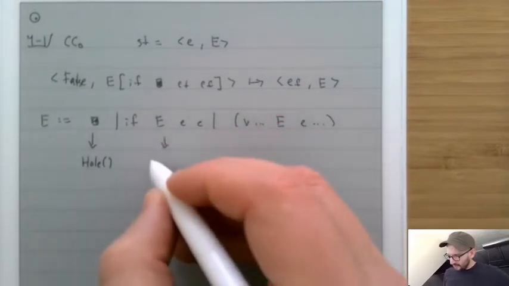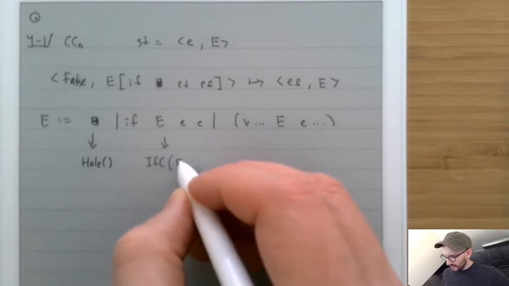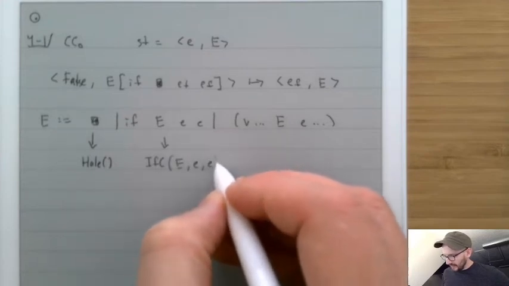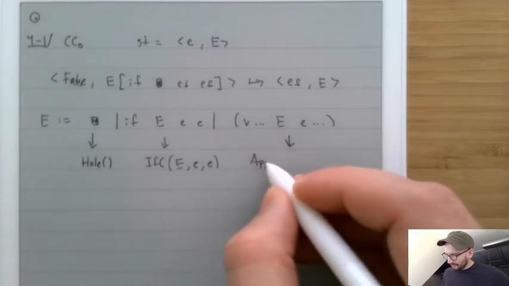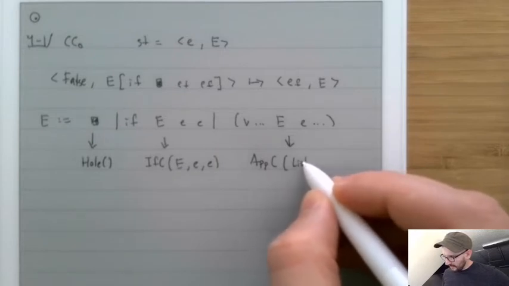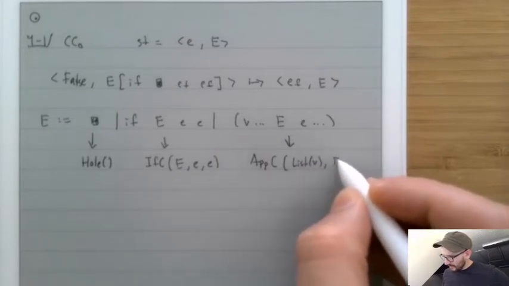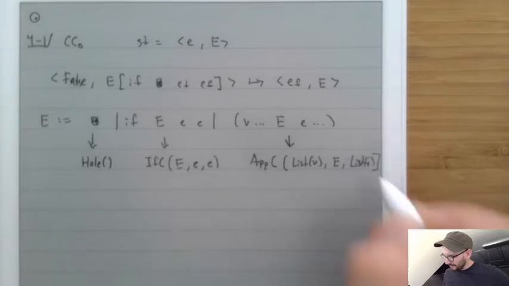This would be a data structure called, let's call it ifc, and it has 3 fields, an E, an E, and an E. And then this would be a data structure, let's call it appc, and it has 3 fields, one that's a list of V, one that's an E, and one that's a list of E.